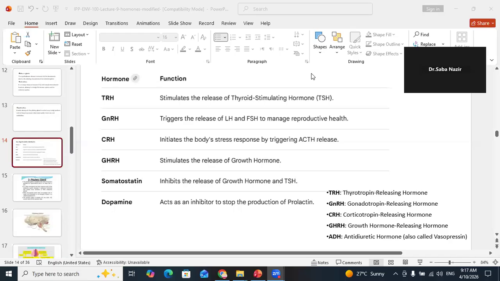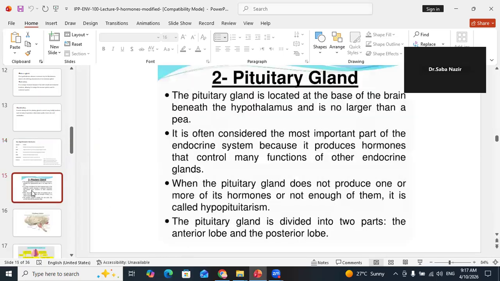For example, lactation is a process. Milk has to be produced from the mammary gland, but at a certain time it has to be stopped. So, what causes its production to be stopped? It is the dopamine. This is something we need to understand, that hypothalamus not only acts as a part of the nervous system, it is equally playing an important role as an endocrine system.